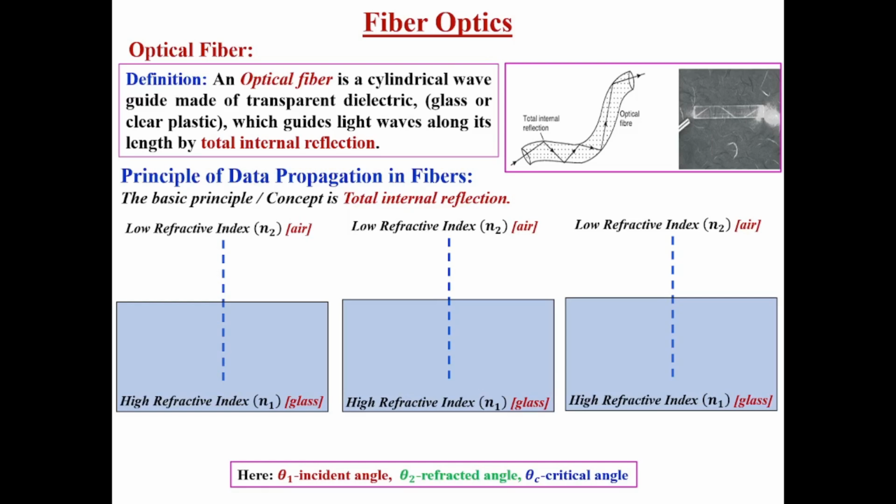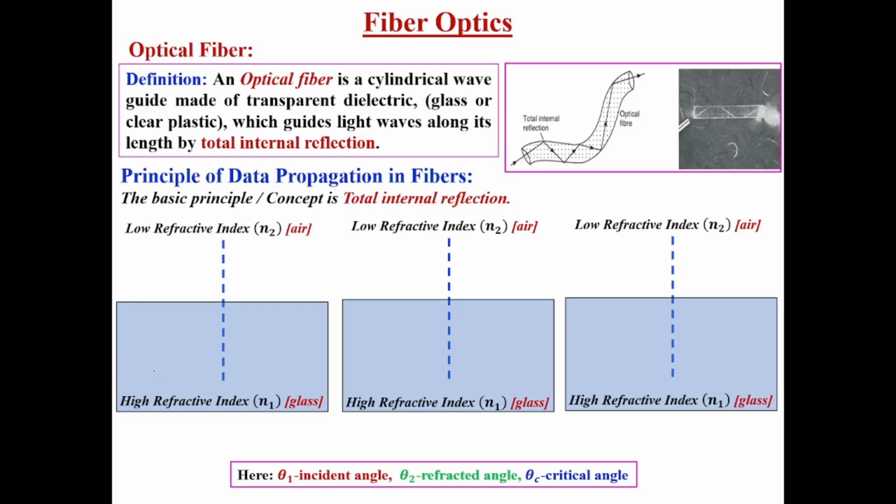Before that, we are just going to recap what we studied at the +2 level about total internal reflection, because total internal reflection is the key point for light propagation through the optical fiber from one point to another point.